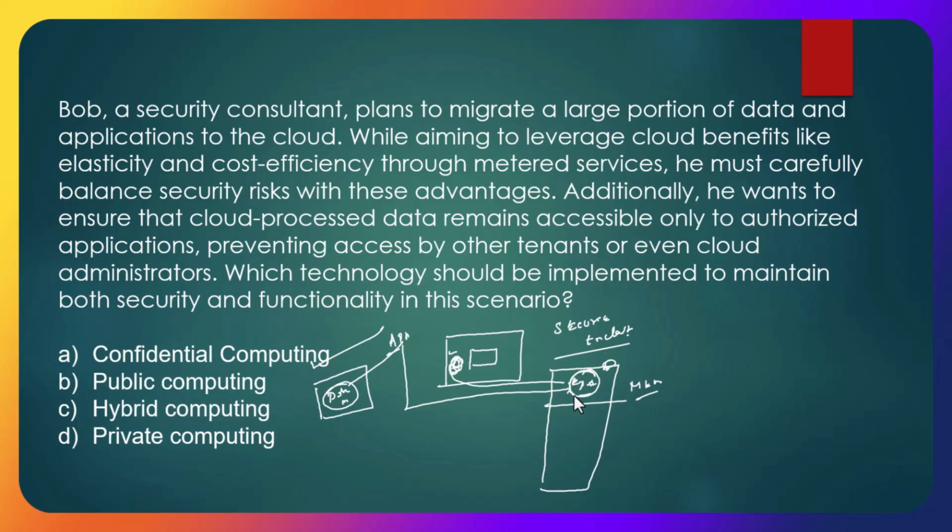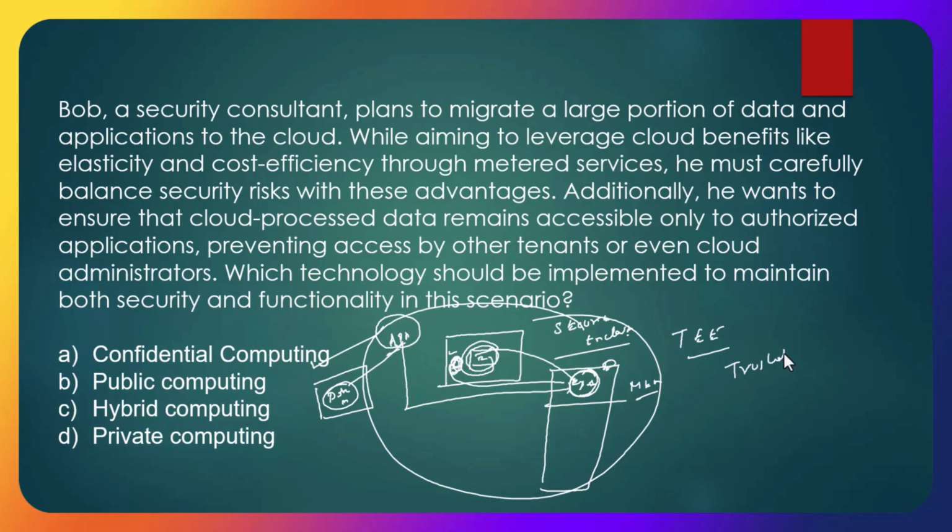If they want to process this encrypted data, this application, which is called an attested application, will take that encrypted data and use the secure enclave inside the CPU to process it. It's a very secure area. So the security starts from the hardware itself, the processor level itself. This overall environment is called TEE, Trusted Execution Environment.